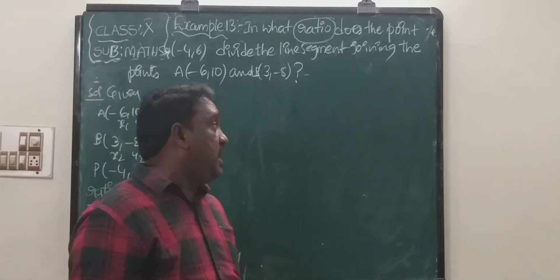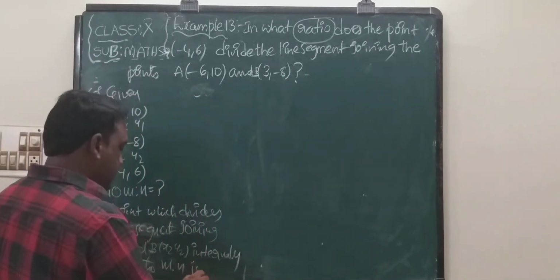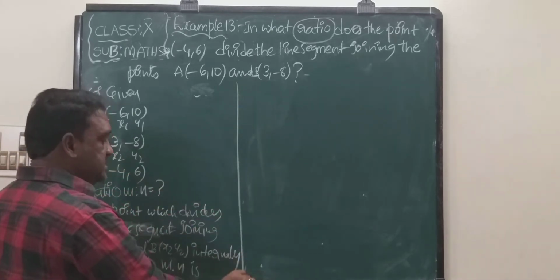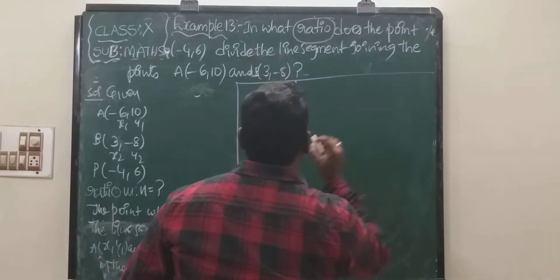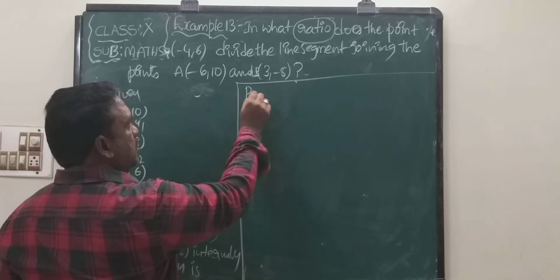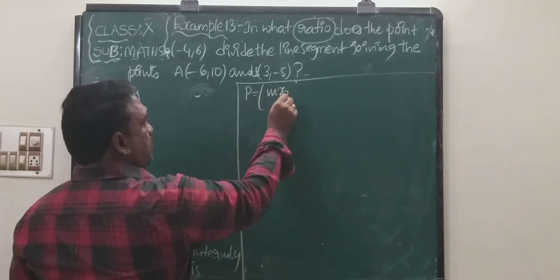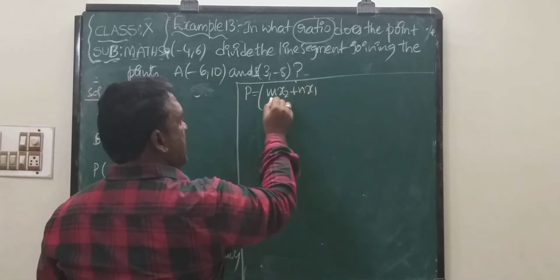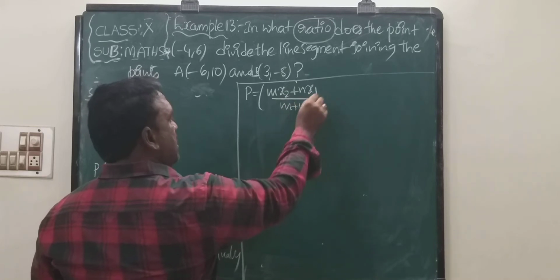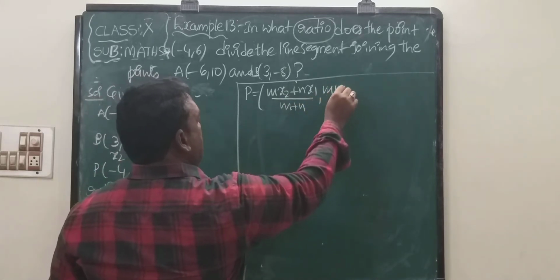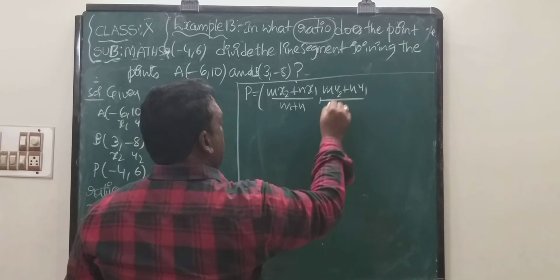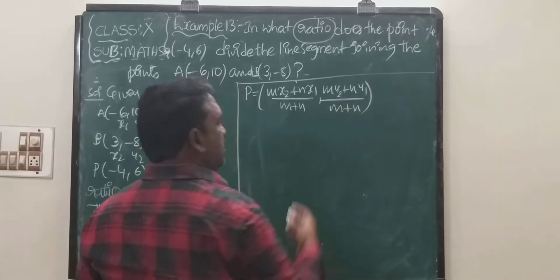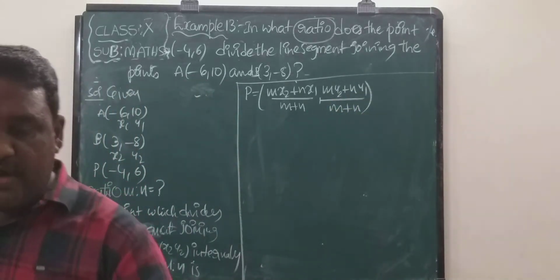It is known as the ratio formula: P equal to (mx2 plus nx1) by (m plus n), (my2 plus ny1) by (m plus n).